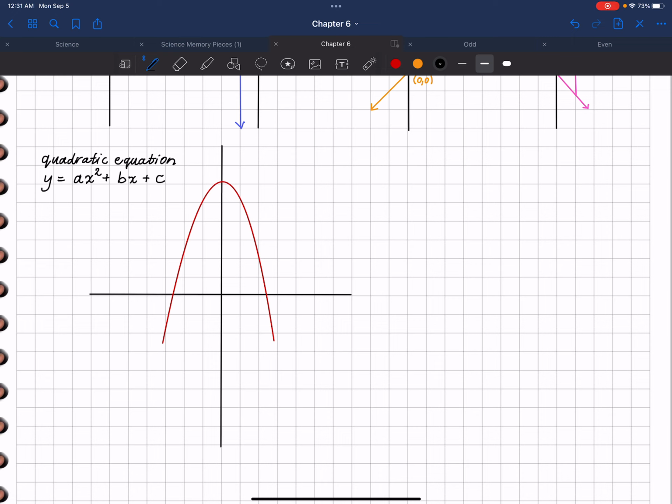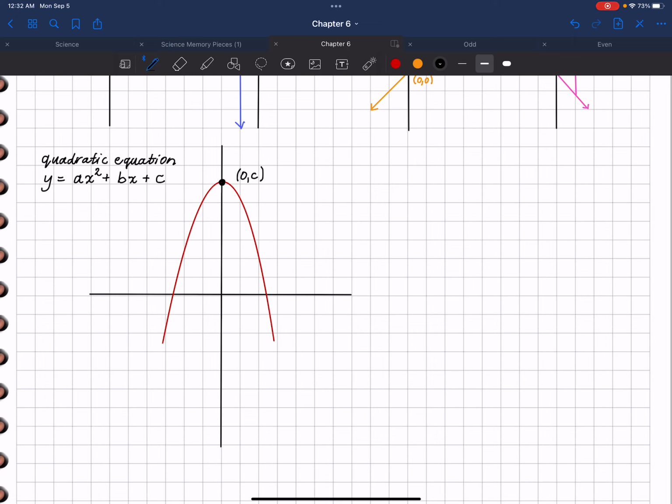Now, here's something that you need to realize. The c in this equation is the y-intercept. So this would be 0, c. All right?